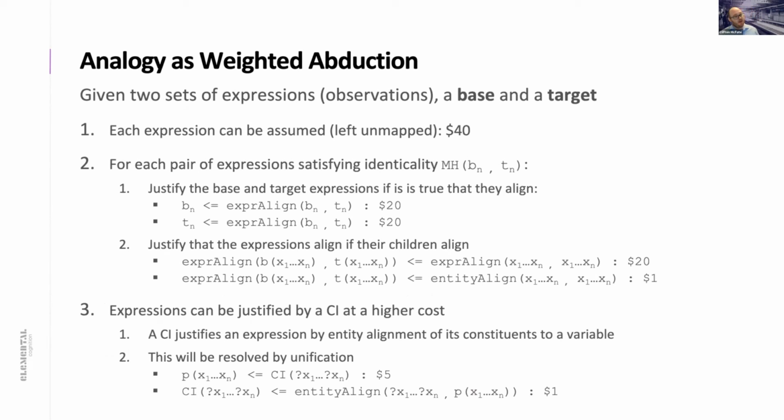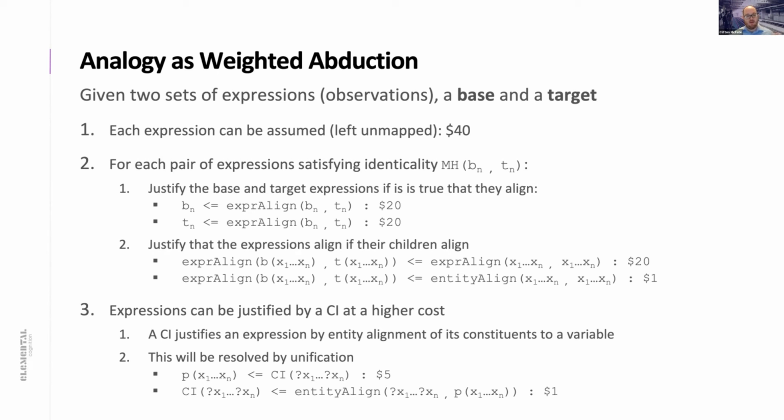So what I have done in COMMA is turn analogy into a weighted abduction problem. The idea is that you have two sets of observations, a base and target, and each observation can be left unmatched or assumed at a high cost. I start off by computing match hypotheses in the same way that the Structure Mapping Engine does. And then from those root match hypotheses, I justify each expression as an observation by its alignment.